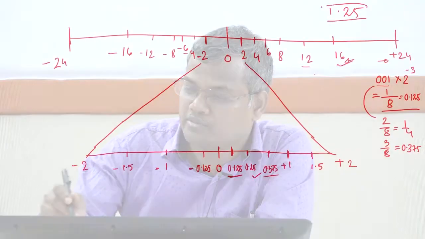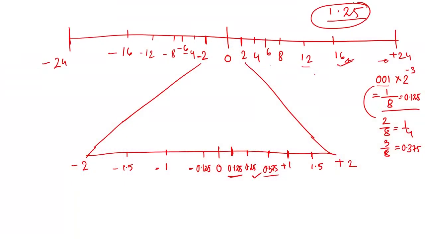Either you have to represent 16 or you have to represent 24. Similarly, 1.25. If you add 1 and then 0.25, then you will get 1.25. Okay. But the 1.25 number is not there. So, what you have to do, either you have to represent 1 or 1.5.